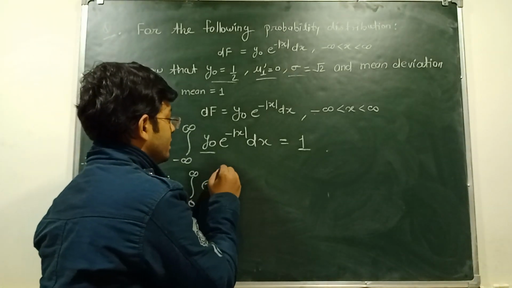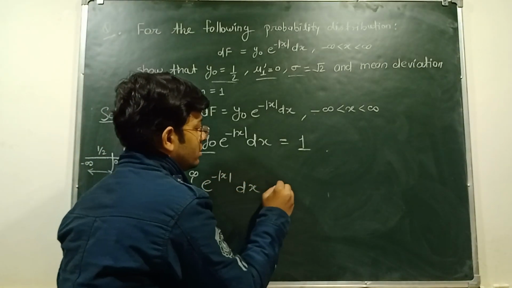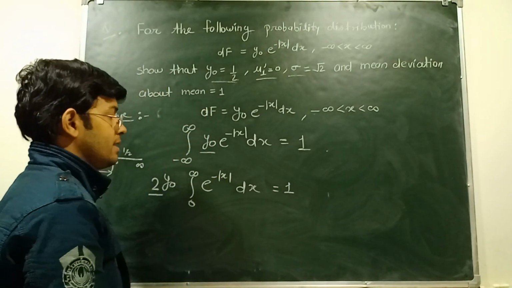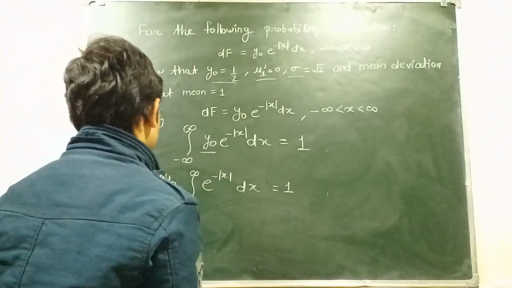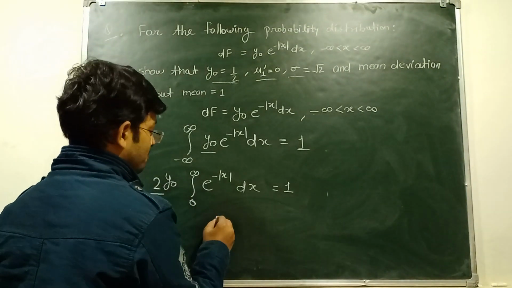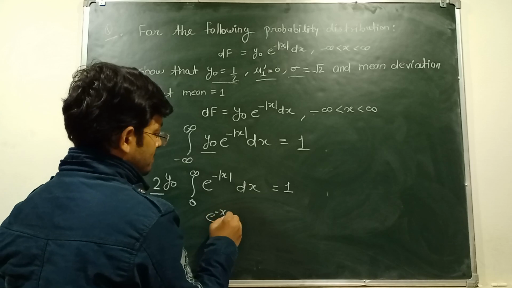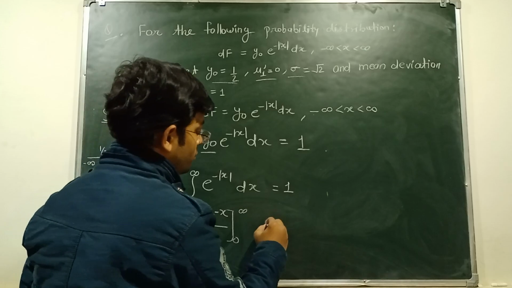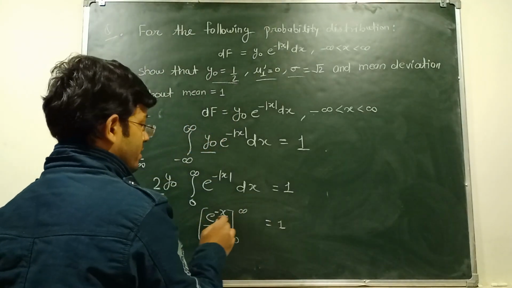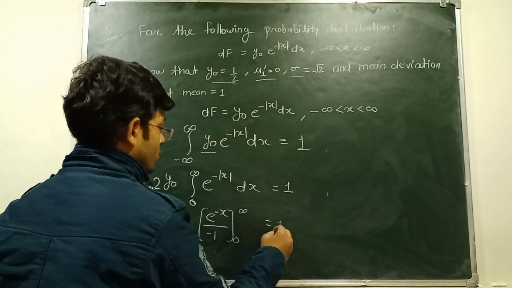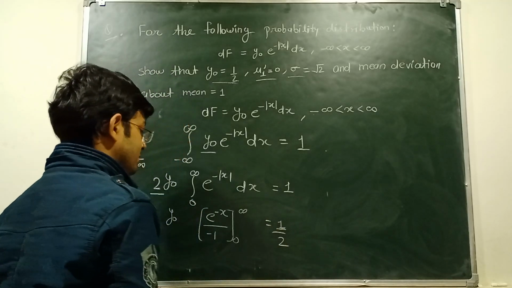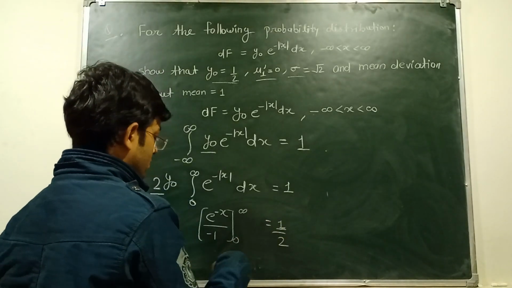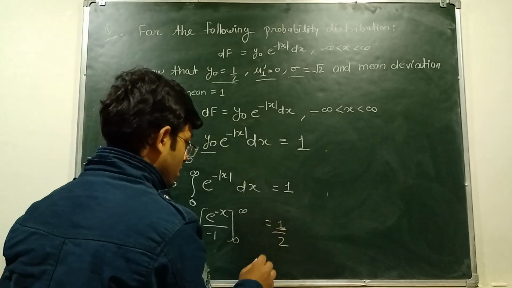So the integral of e to the power minus mod x dx is equal to 1, and the integral of e to the power minus x will be minus e to the power minus x from 0 to infinite is equal to 1 by 2, and minus 1 we can also send to the right place.